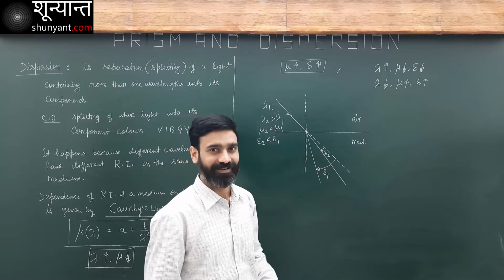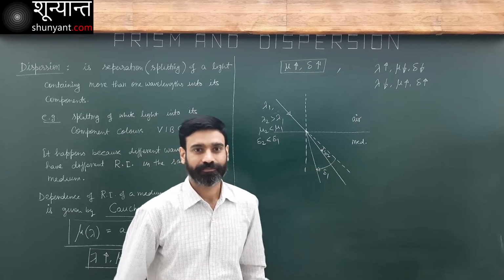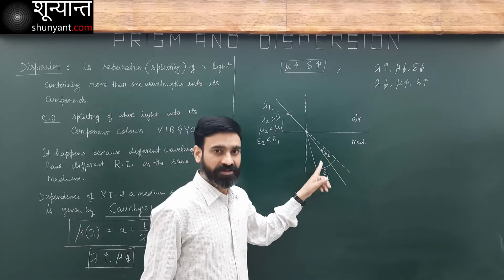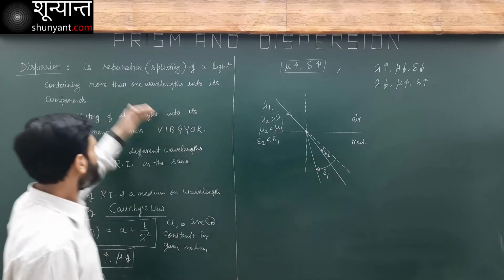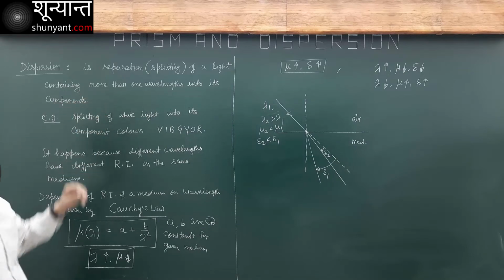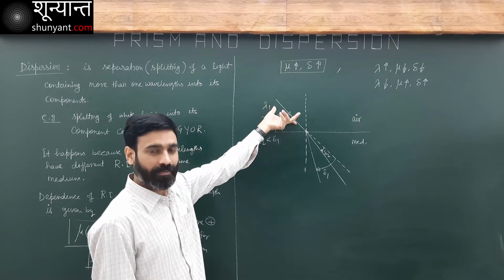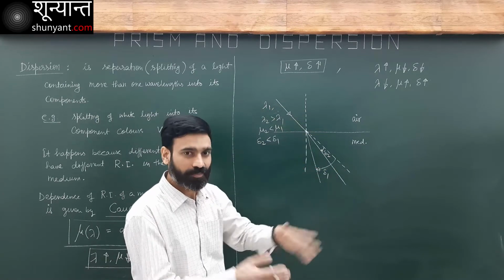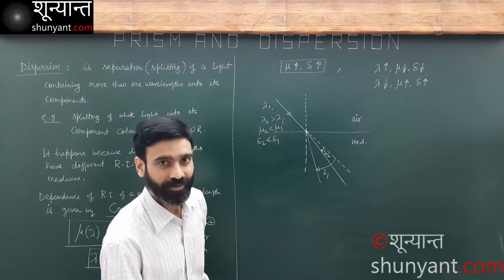This is known as dispersion. That's the same thing we discussed here. So this is a mixture of light, and the moment it enters this medium, it breaks. This is dispersion. Understood?